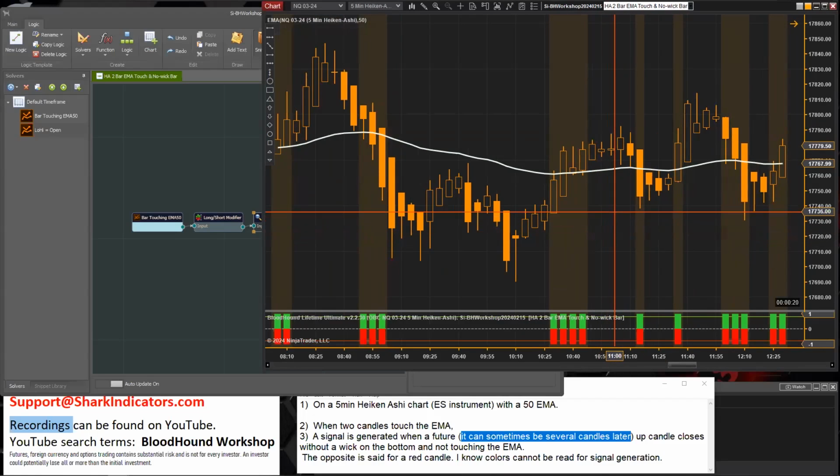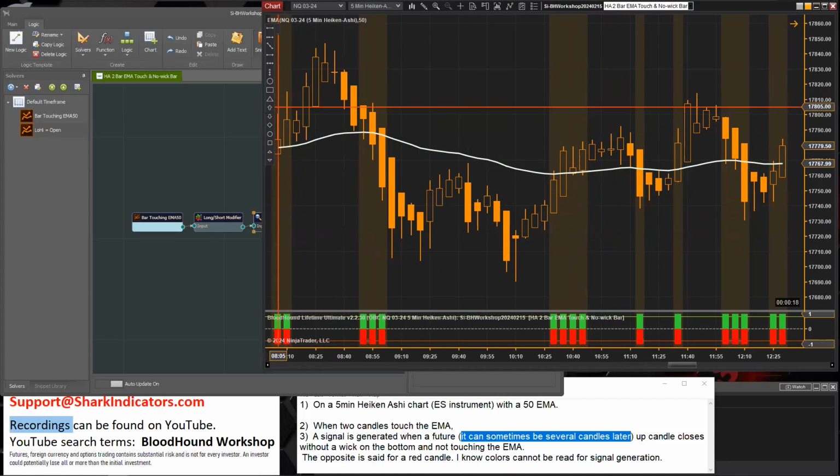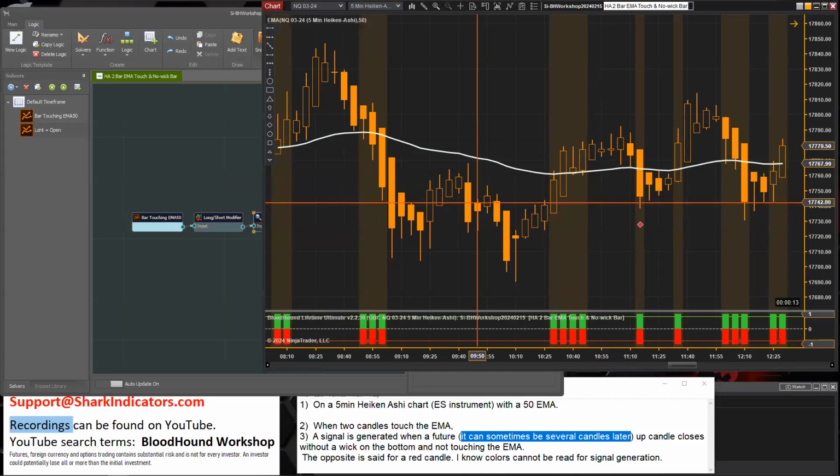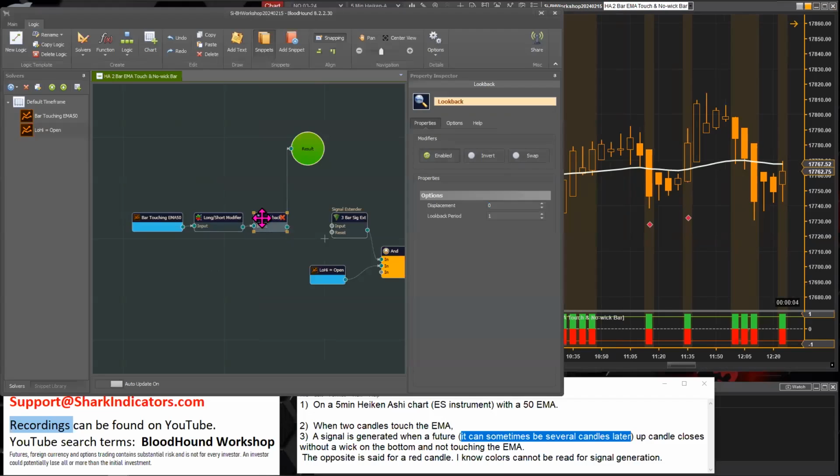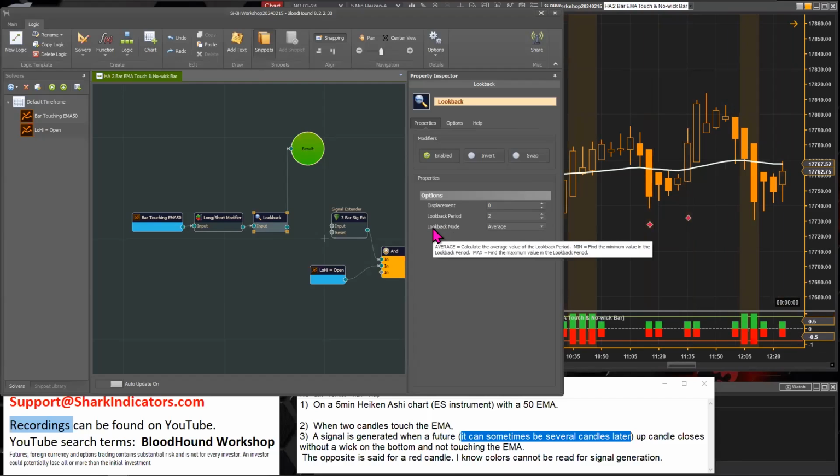With the lookback, we want to eliminate that output and that output, because it's only a single bar touching. We want to get rid of those. So with the lookback, we can use the lookback period here, and we need at least 2 bars there. And then the mode will become visible. So we need a minimum of 2 bars.